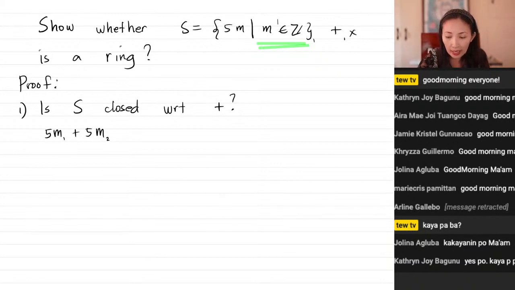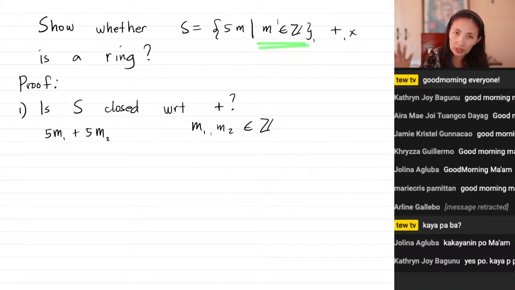When we add any two multiples in the set, the result will be of the form 5 times m, where m is an integer. So here, our m1 and m2 are elements of Z. Is there anything we could do so that the result, we have to show that it is also 5 times an integer?